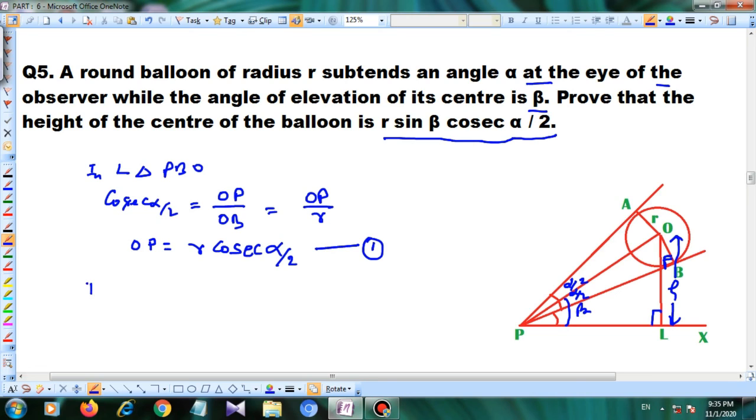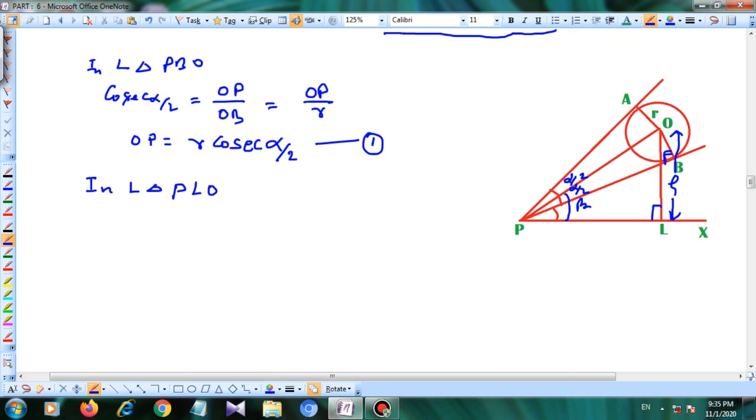Now in right angle triangle PLO, here sine beta equals h upon OP, right? So h equals OP sine beta, right?